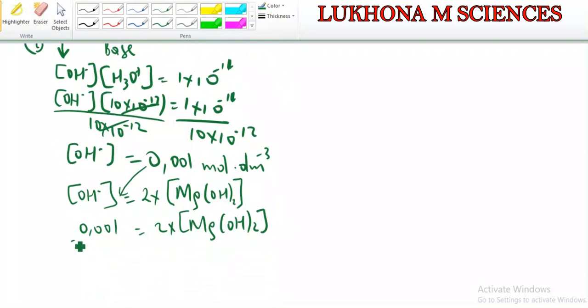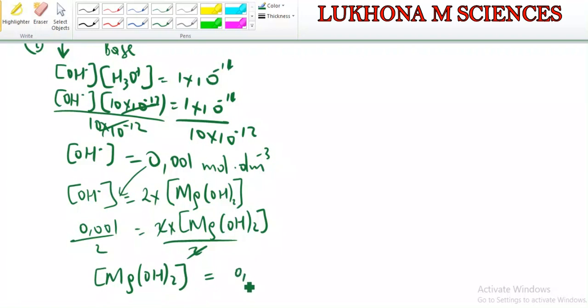Then we divide both sides by 2 to get rid of this 2. Then we get the concentration of magnesium hydroxide, which is equal to 0.005 mole per dm cube. Then we are done for this question.